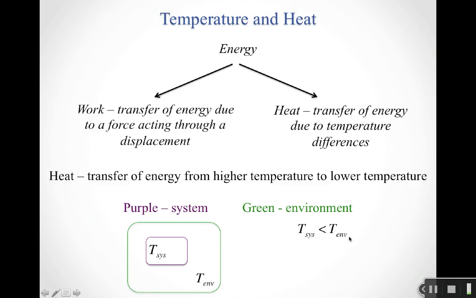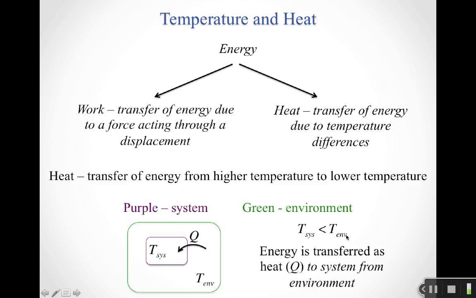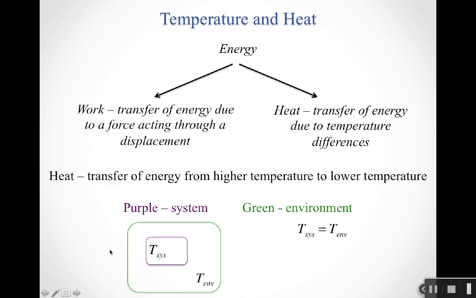If, on the other hand, the system is at a cooler temperature than the environment, so now the environment is at the higher temperature, again, I know that energy is going to be transferred as heat from the environment to the system, which means now the system is taking in the energy, so the energy transferred as heat by the system is going to be positive.